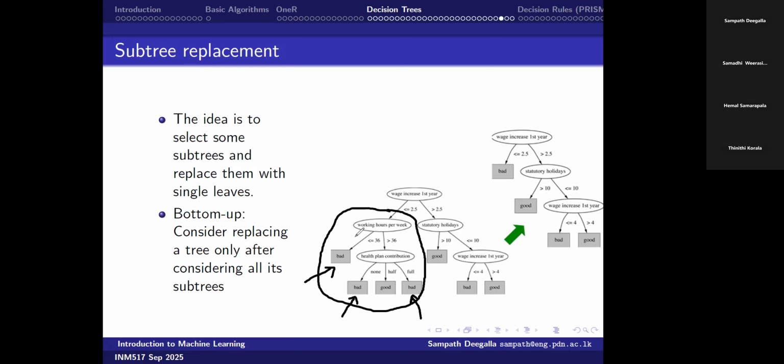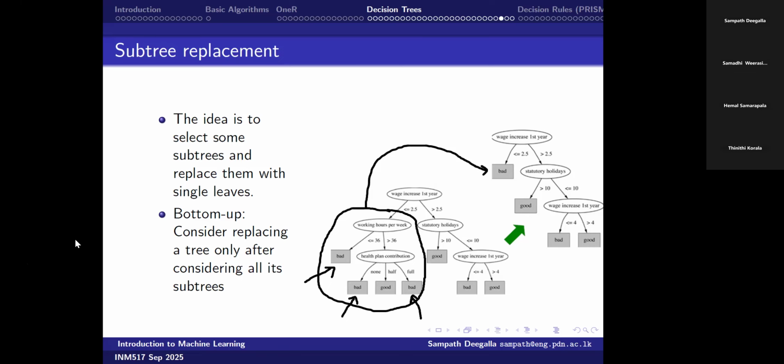So instead of this branch, you will observe we replace it with the classification of bad. Yes, I know that there are some instances classified as good, but the majority of the time it's bad. So by doing this, our tree is simplified. This is called subtree replacement, meaning that the branch is replaced with just the outcome, right?